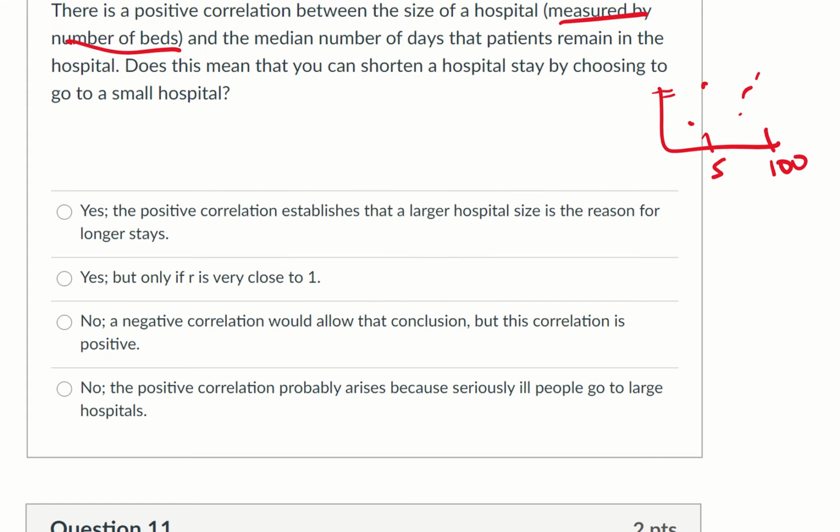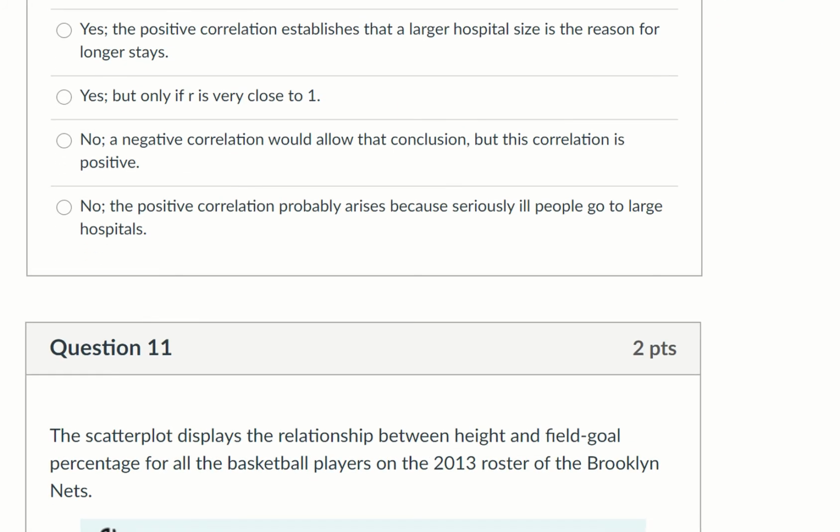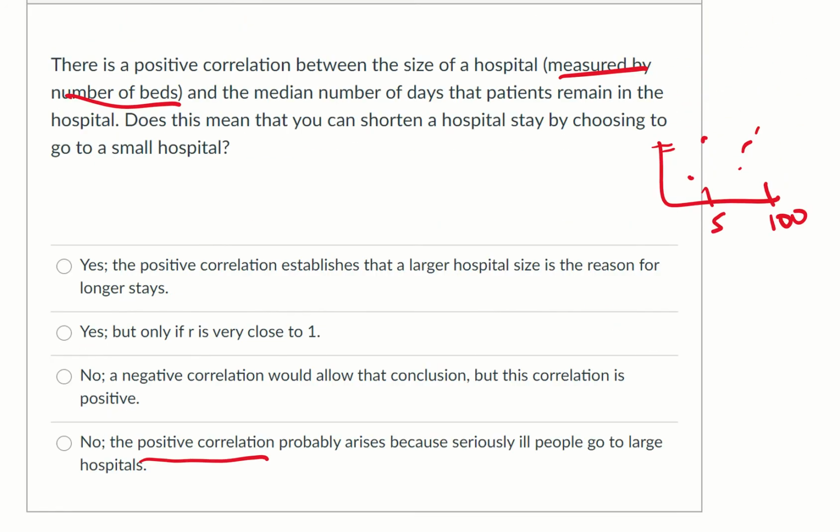The answer is no, because correlation does not mean causation. Just because two things are related does not mean that the size of the hospital increased the median sick time. The positive correlation probably arises because seriously ill people tend to go to large hospitals with a large number of beds, and this is probably why the mean number of days they remain has increased.